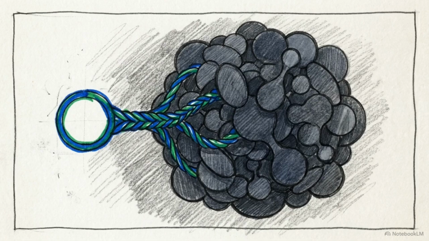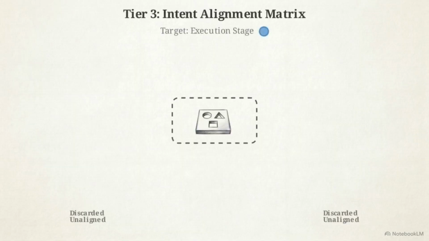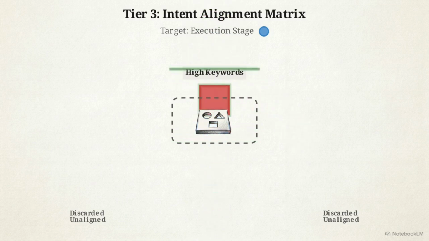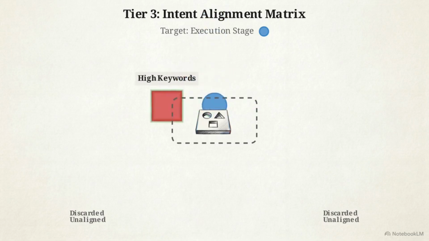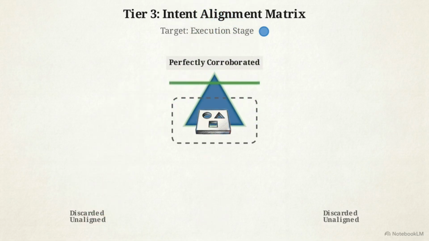engine already recognizes. Once the data passes the consensus check, it reaches Tier 3, intent alignment, where the surviving information is evaluated for context. This sorting matrix contrasts keyword frequency with true intent alignment. Surviving data streams match against specific geometric molds representing stages of the user's journey. The AI evaluates the underlying goal, prioritizing intent over simple keywords.